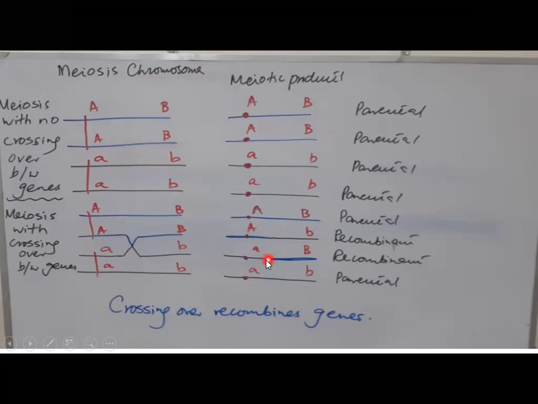So these two chromatids are of recombinant type, or they have experienced crossing over. Recombinant type, they are new, different from their parent strands. This is the process of crossing over, which will recombine the genes.